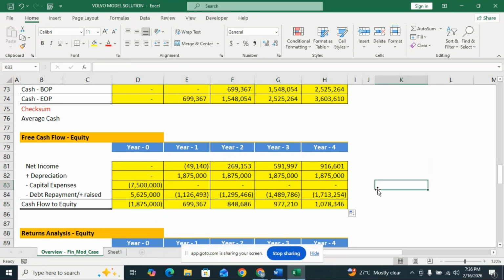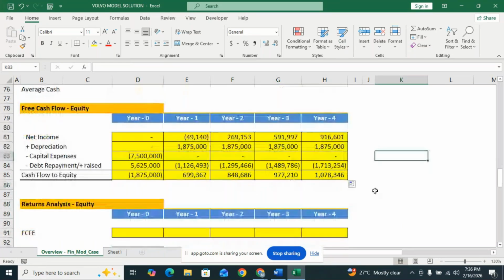So please complete this free cash flow to equity table, and then we go for this return analysis.